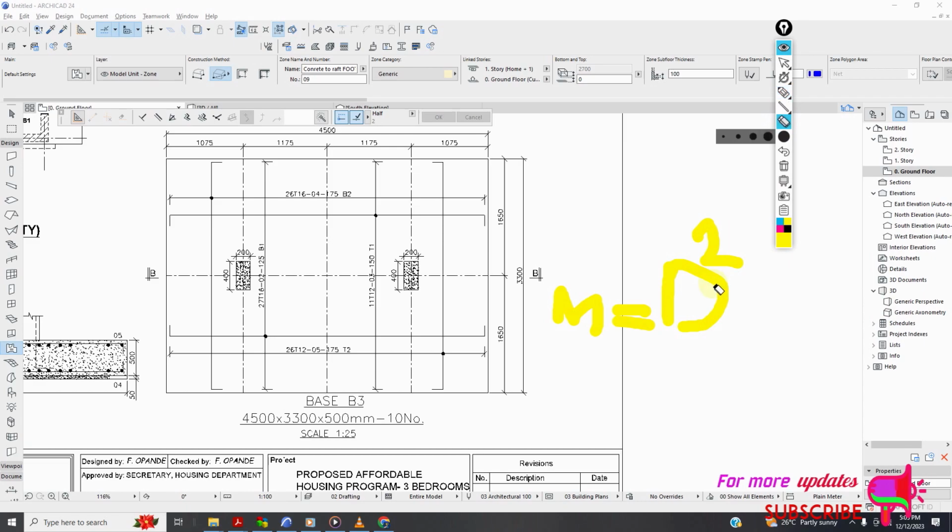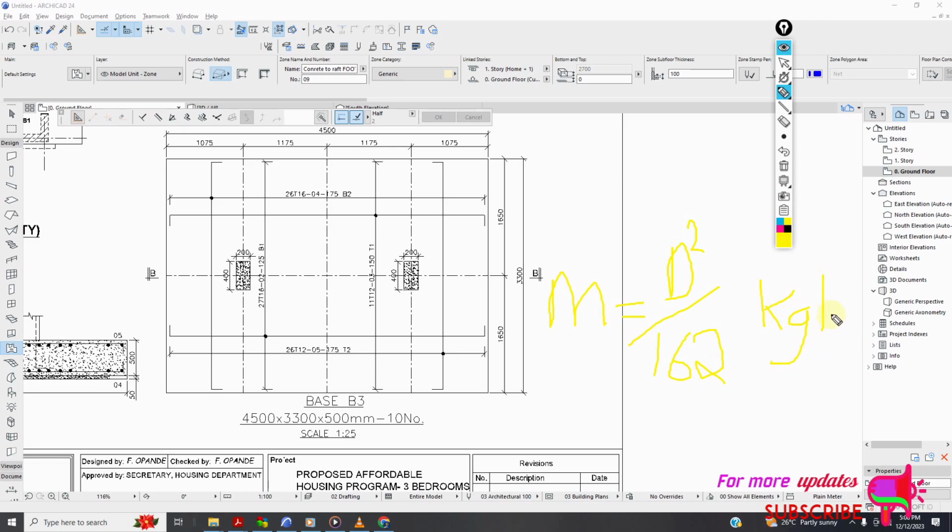So let me first change the thickness of the pen. That pen is too big. So I'll just select, then click that. So you know that mass should be equal to D squared over 162. So that is the number of kgs per meter.